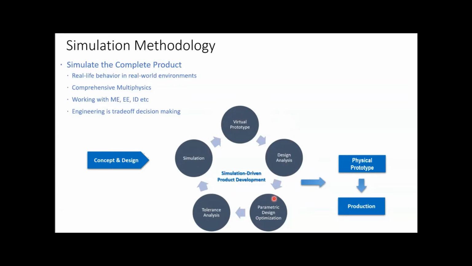So, you know, we're doing a lot of work virtually in the world, and the reason for that is because of the changes that come here from ME, E, and ID. They make a lot of changes, and it generally affects the antenna quite a bit, especially the mechanical and the industrial design. The way the device looks and the way it's built really affects how the antenna performs. We're pretty tightly coupled with those two disciplines.